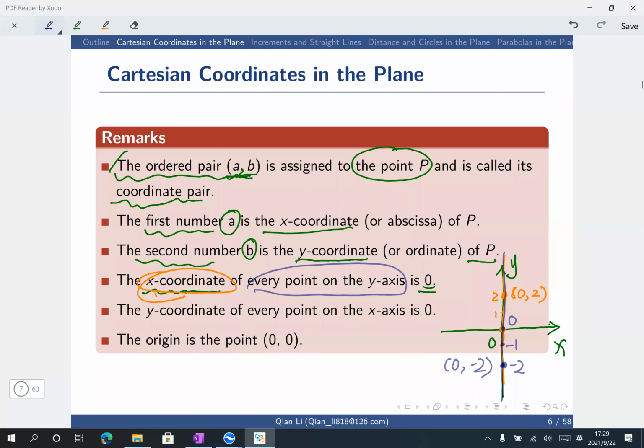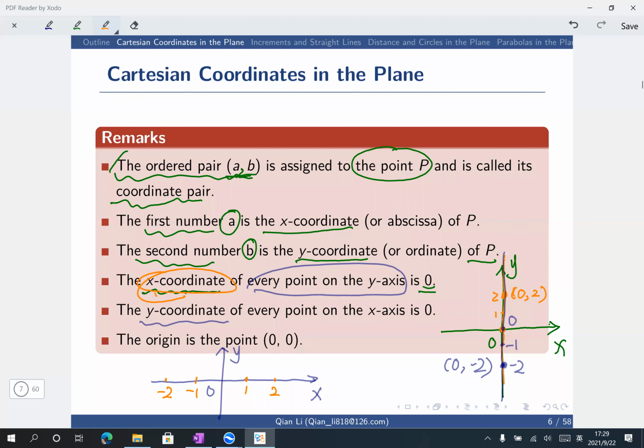Okay, let's see. The y coordinate of every point on the x-axis is 0. This is the x-axis and this is the y-axis. On the x-axis, this is 1, this is 2, and this is -1, this is -2.